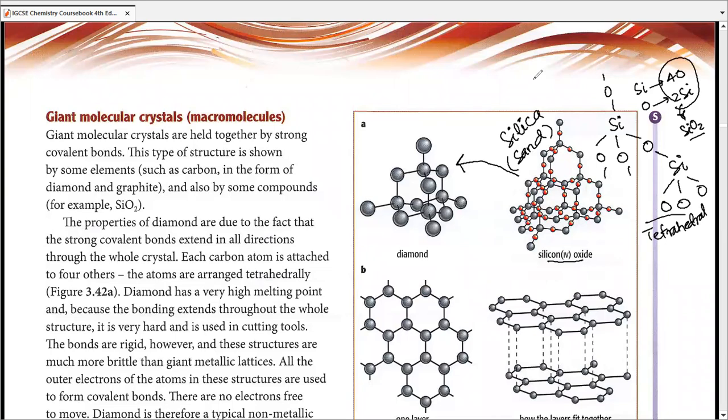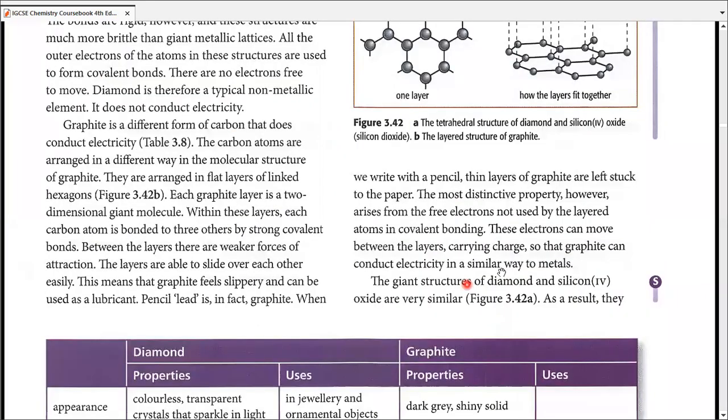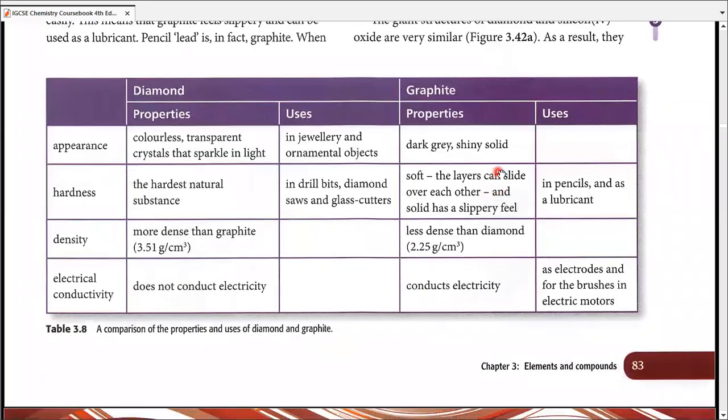Since we are talking about properties, let's go to the bottom of page number 83, and talk about the properties of diamond, graphite, and I'm going to also add silica to the list. Now, the first appearance: diamond is colorless, transparent, and sparkles in light.